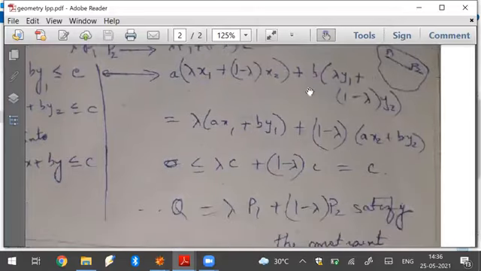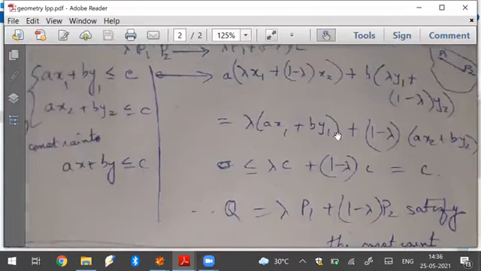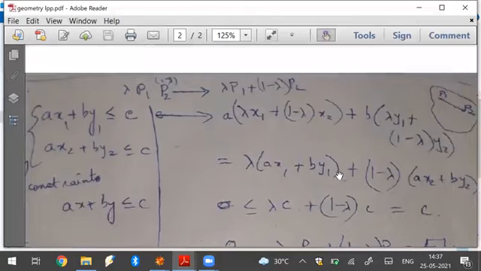On simplification, as P1 and P2 each satisfy the criteria, you get A of lambda x1 plus 1 minus lambda x2 plus B of lambda y1 plus 1 minus lambda y2 is less than or equal to C. So the point Q, the linear combination of P1 and P2, also satisfies the same constraint.